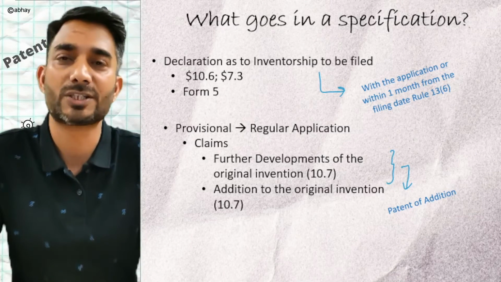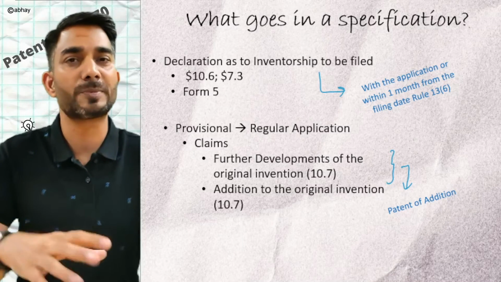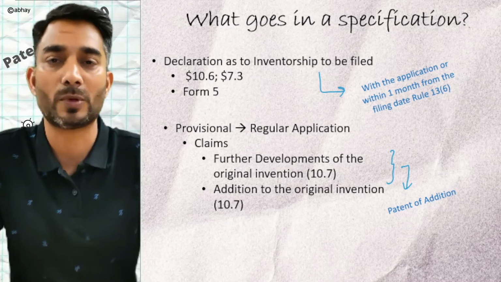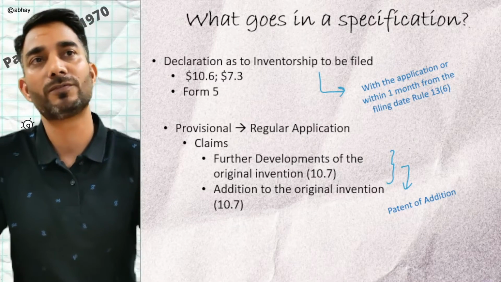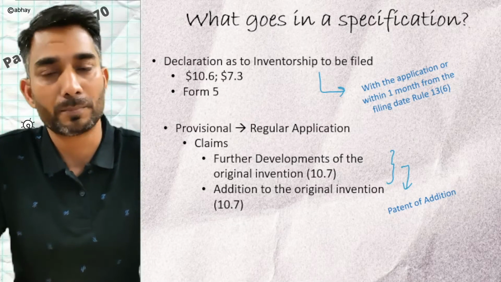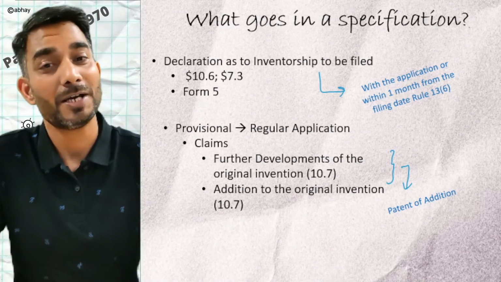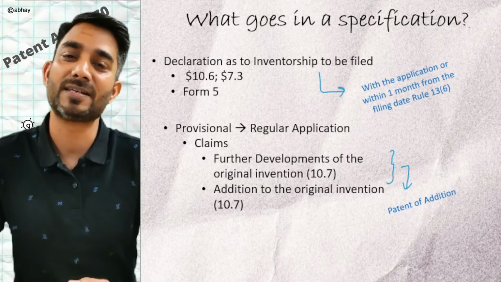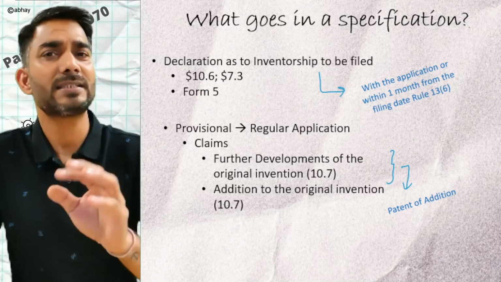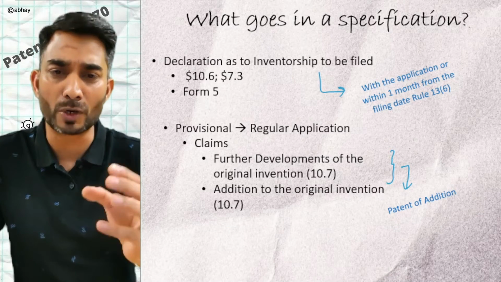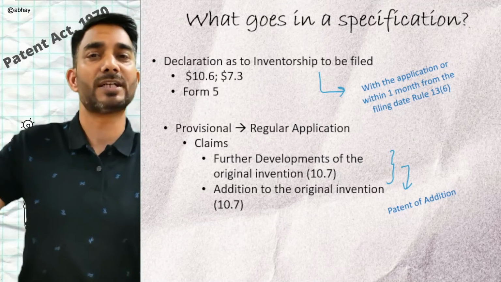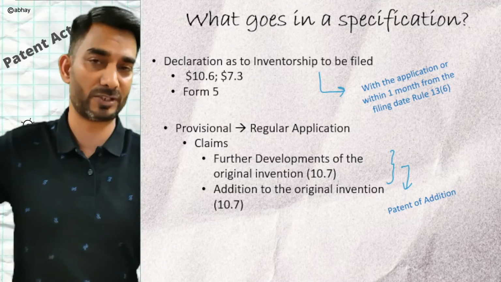During our discussion of section 9, we talked about how a provisional specification can be converted into a regular specification within the time frame of 12 months. And the content of the regular specification should be fairly based on what was disclosed in the provisional application, isn't it? Now this subsection, 10.7, provides an option which says that we understand that there could be modifications, there could be further developments with respect to the invention that was disclosed in the provisional application.